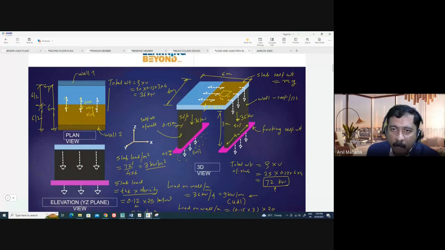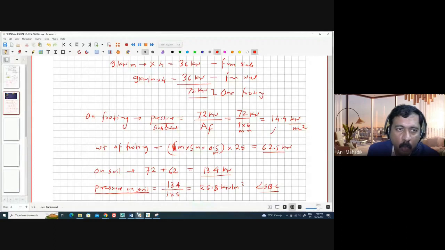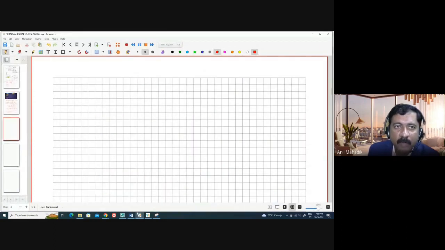Okay, now let's draw the loading diagram. Let me draw the frame. All of you know that whenever we do any analysis, we generally draw single line diagrams.